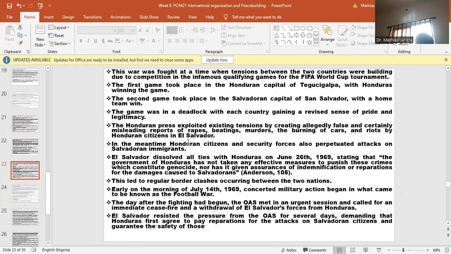El Salvador resisted the pressure from the Organization of American States for several days, demanding that Honduras first agree to pay reparations for the attacks on Salvadorian citizens and guarantee the safety of those who suffered loss.